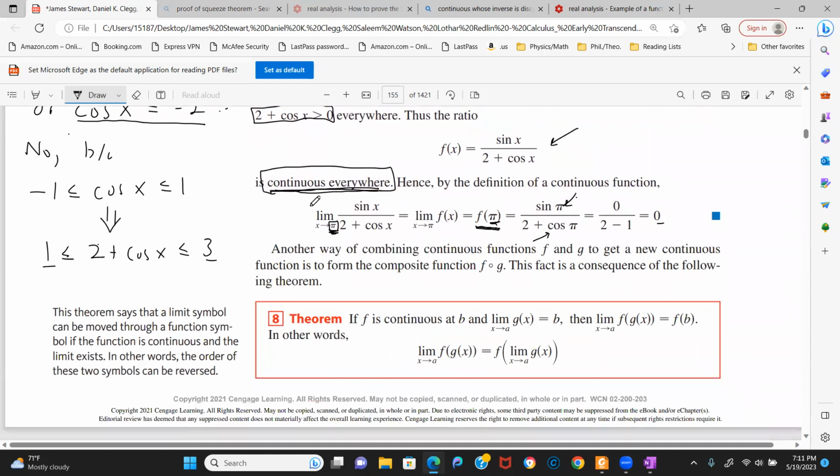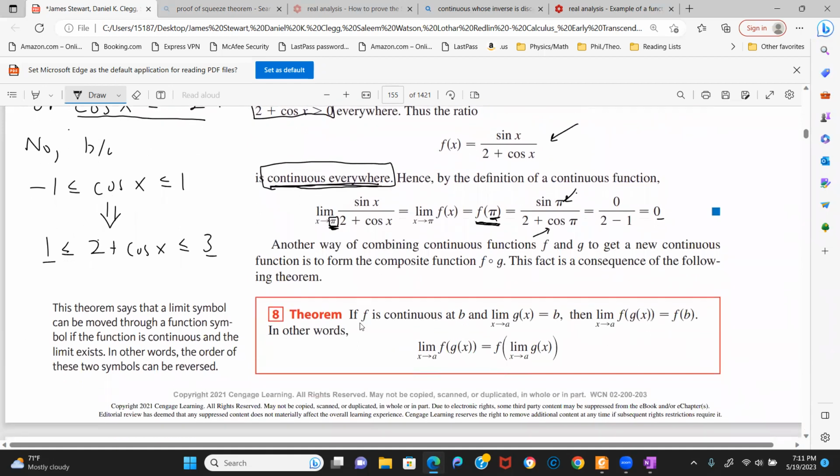So we have this first theorem right here. It says that if f is continuous at b, so you have a function f and a function g, and you know that the limit of g of x as x goes to a is b, then when you want to compute the limit of this composition, which is the same thing as f composed with g at x, you can just plug in b.